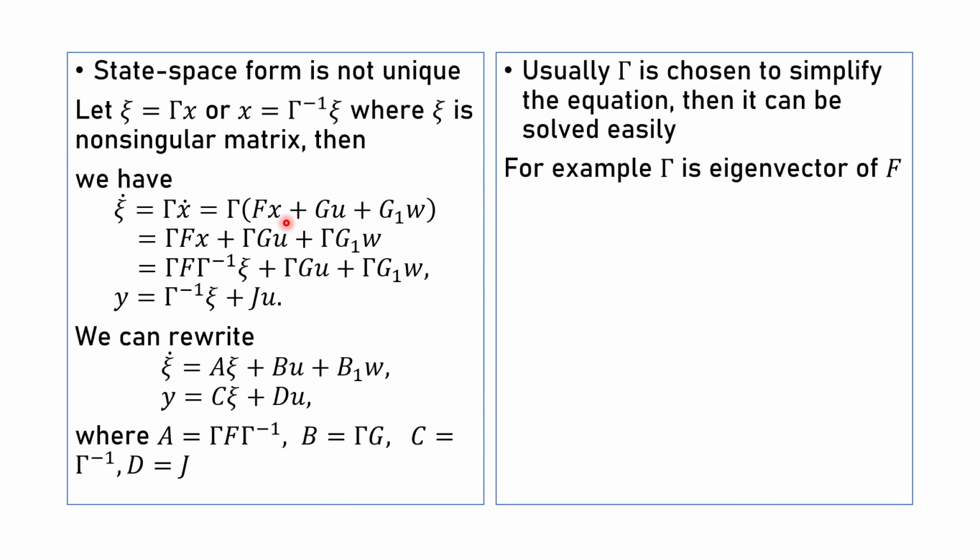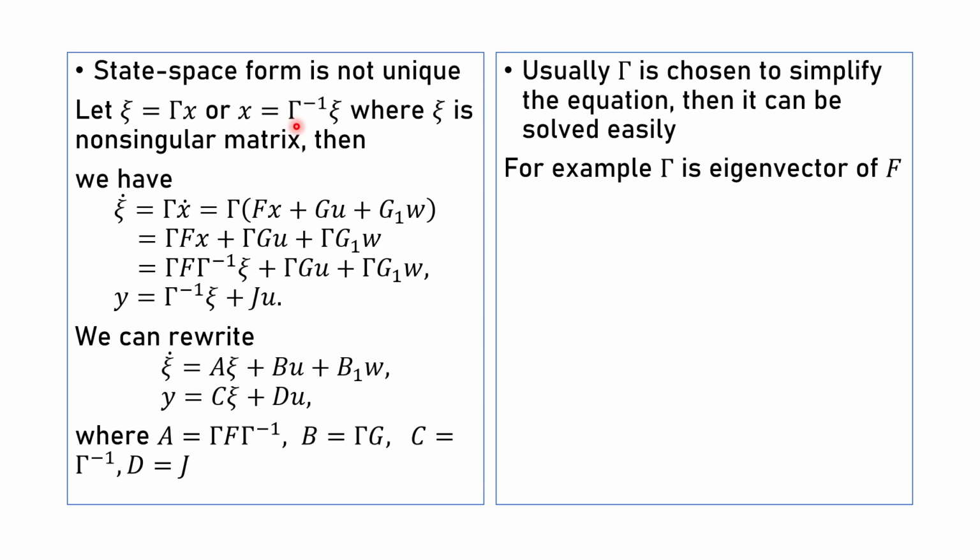Actually, the state space form is not unique. It depends on how you choose the state variable. In many cases, from a physical system, you choose the state as some physical parameters. For example, charge of a capacitor, or voltage of a resistor, or current in an inductor.